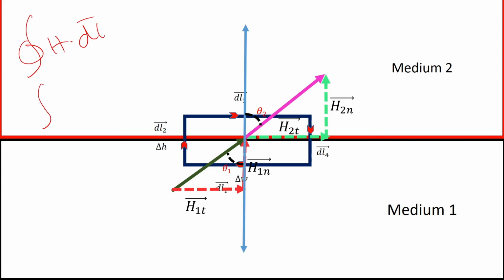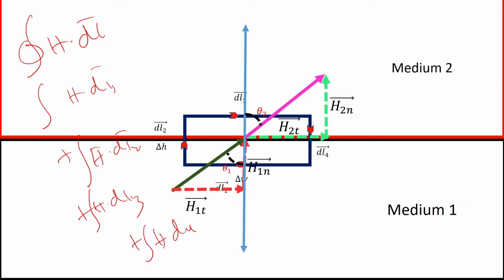I would be splitting this into the integral of H bar dot dl1 bar plus the integral of H bar dot dl2 bar plus the integral of H bar dot dl3 bar plus the integral of H bar dot dl4 bar. This is pretty much similar to what we have seen in solving the integral of E bar dot dl bar equals 0.